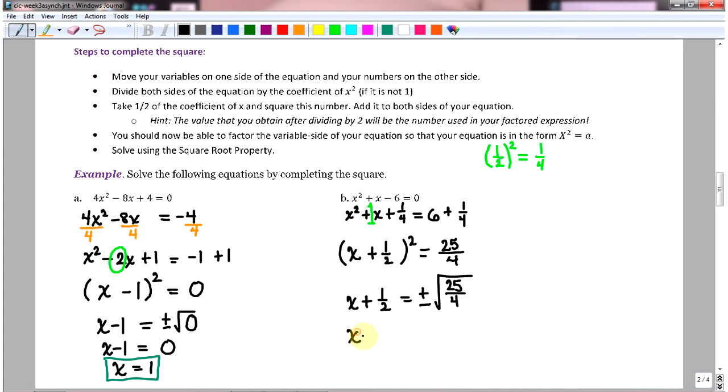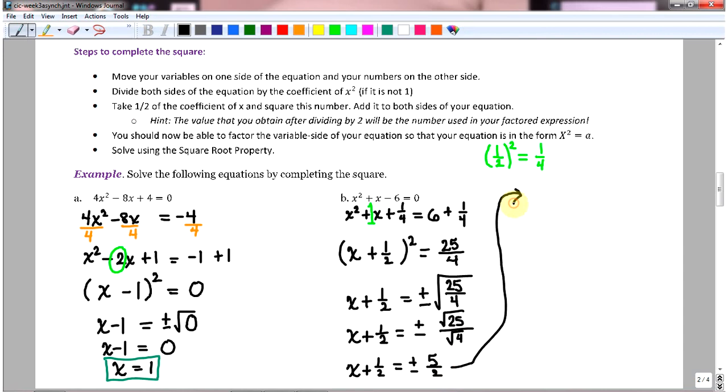If we look at the right-hand side, both 25 and 4 are perfect squares, so we can simplify that, because that means we're just taking the square root of 25 over the square root of 4. So we have x plus 1/2 is equal to plus or minus 5/2.